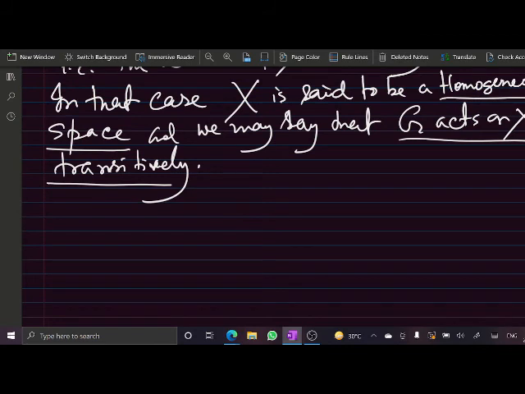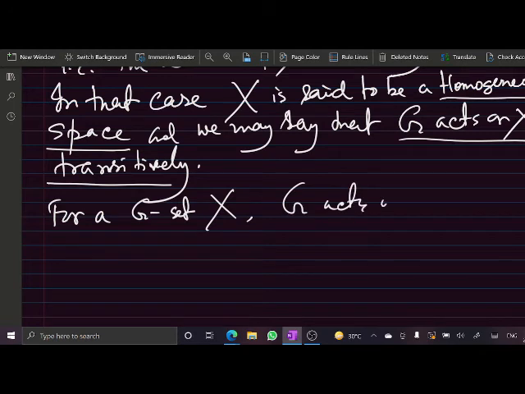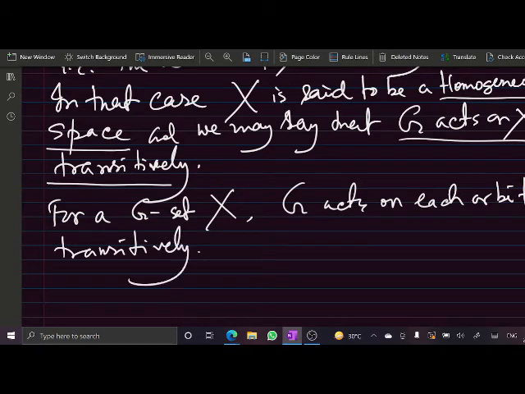So now for a G set X, G acts on each orbit transitively, right? Is it okay?